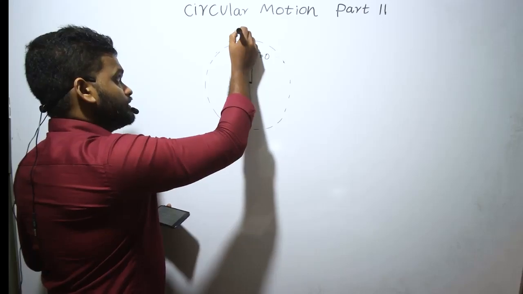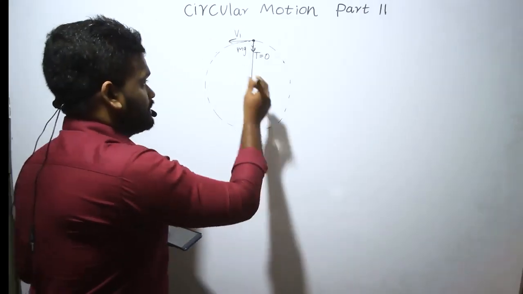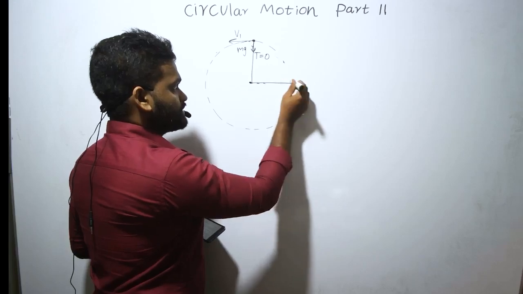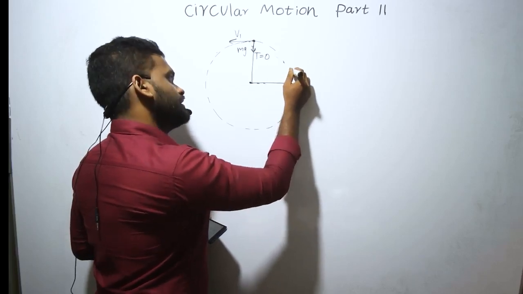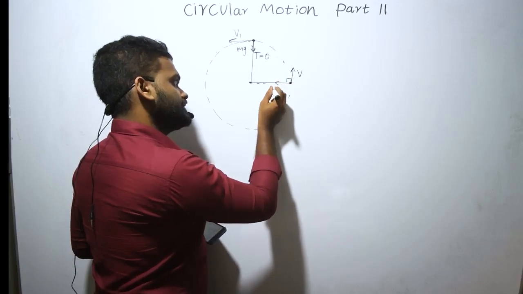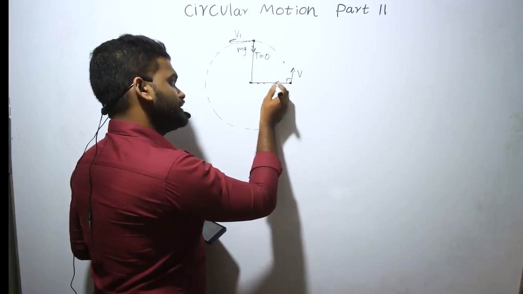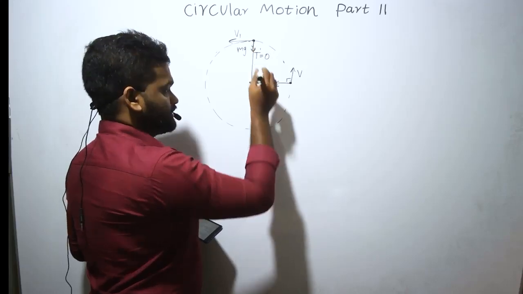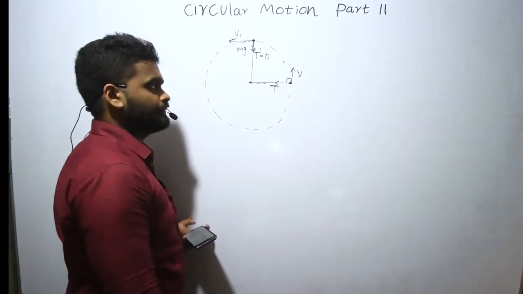But at the top, tension becomes 0. Here we don't know the velocity, let's say v1. You know, it came from like this. When the string is horizontal, it is like this. So let's say at that moment the velocity is v and the tension is T. Here it is 0, and here there's a tension.